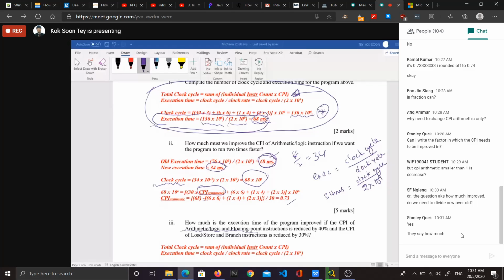Then CPI smaller than 1 is decreased. Yeah, the CPI is decreased means they require less clock cycles per instruction. So it means your program is faster already. Before this, when you run one arithmetic instruction, how many clock cycles did it need?